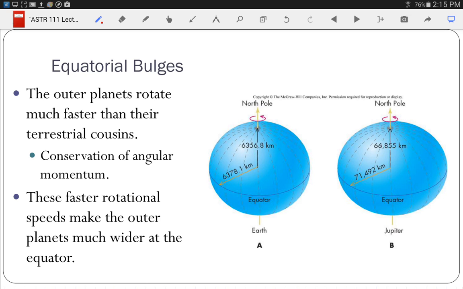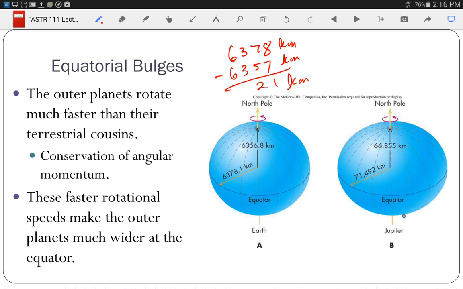If you compare something like the Earth, you see that the Earth's equatorial bulge is about 21 kilometers. And of course, if you divide 21 by the Earth's radius, that's a very small percentage bulge.